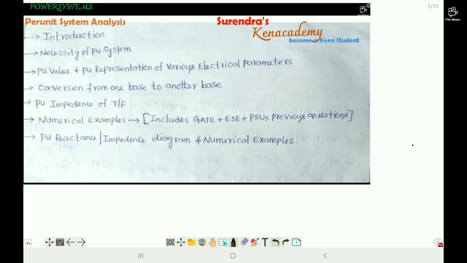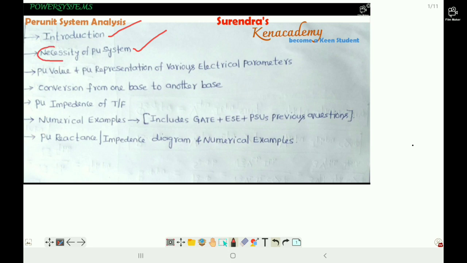With respect to Perunit system analysis concept, in the sequence of videos, I want to discuss the following concepts. First, I will start with some introduction, then the necessity of Perunit system.